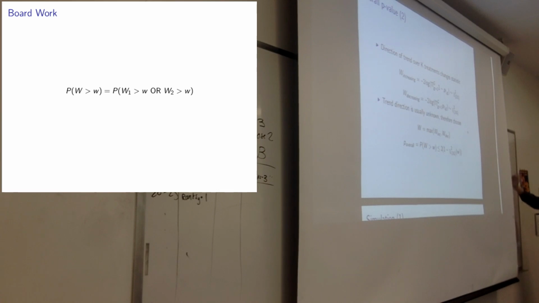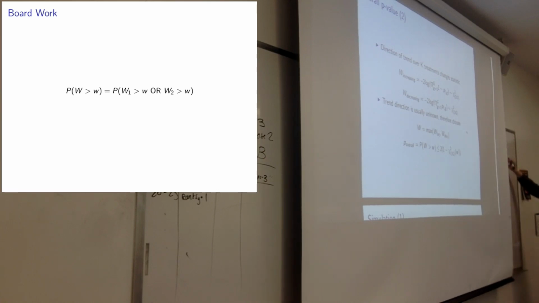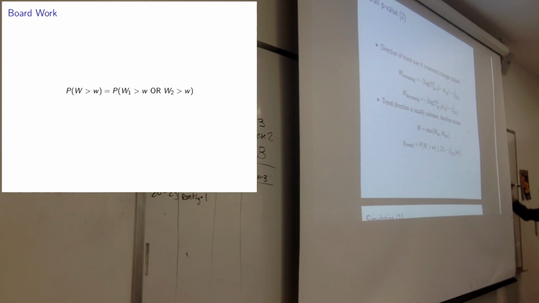So the probability that your test statistic is greater than this is the probability that W1 is greater than w, or W2 is greater than w.